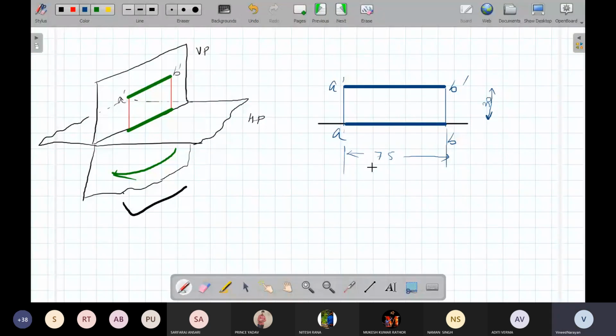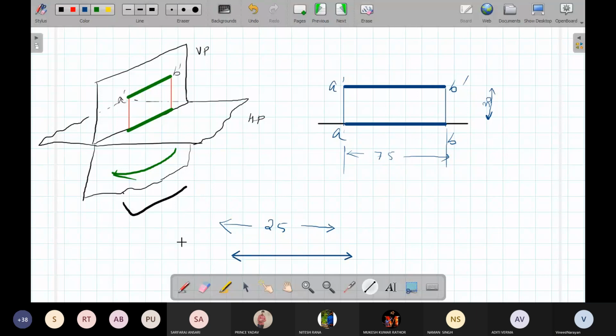So dimensioning you can do in many ways. Either you can use this type of line, and in between you can write the dimension, or you can simply draw a continuous line and above that you can write.